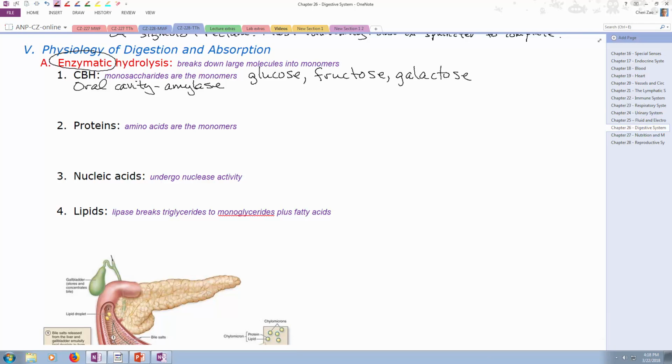And with amylase, what we're going to do is we end up with a disaccharide. A disaccharide's two sugars, and that's what we actually have taste bud receptors for. So we actually can appreciate the disaccharide sugar taste itself whenever we break things down with amylase. Now, the disaccharide is maltose.